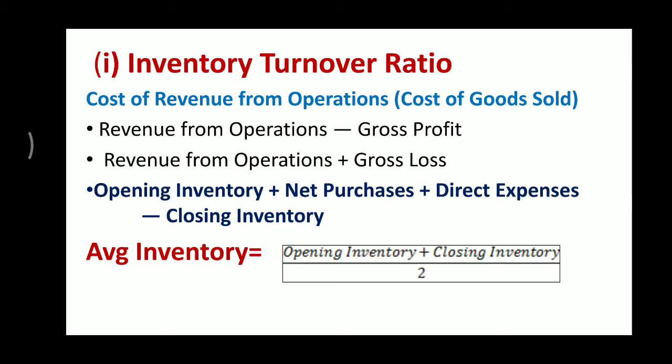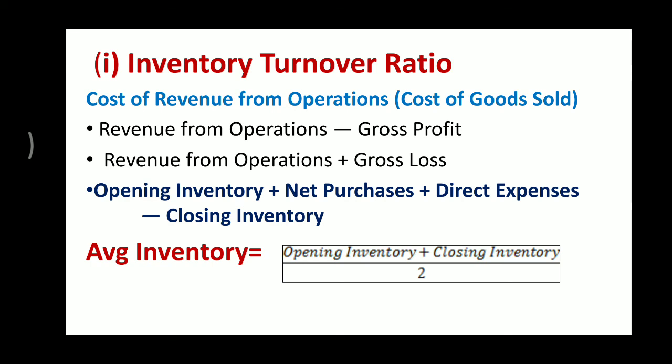So if we deduct gross profit from revenue from operation, we will get cost of revenue from operation, and in case it is a loss, then cost of revenue from operation will be revenue from operation plus gross loss. One more formula to calculate cost of revenue from operation, which you learned in class 11th also, is opening inventory or opening stock plus net purchases. Net purchases means purchases minus purchases return, plus direct expenses, minus closing inventory.